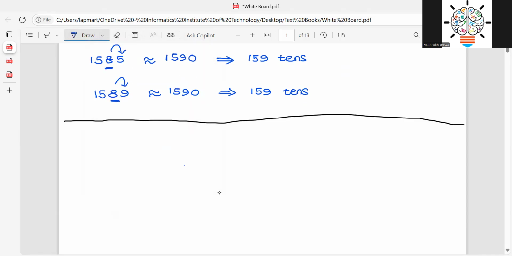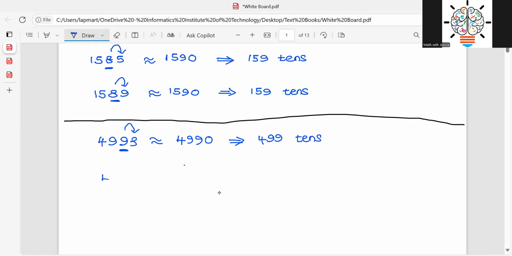What is the procedure we want to follow, children? We underline the tens place. Look at the next number. Do we need to add anything? No, we just write 499. The last one is 0. So this is equal to 499 tens. That is done.